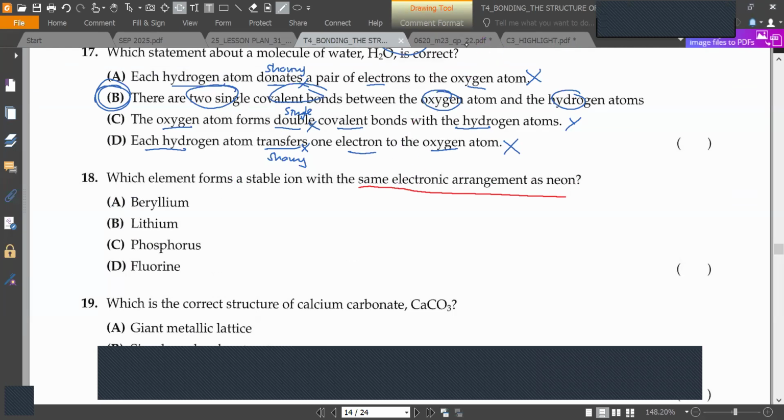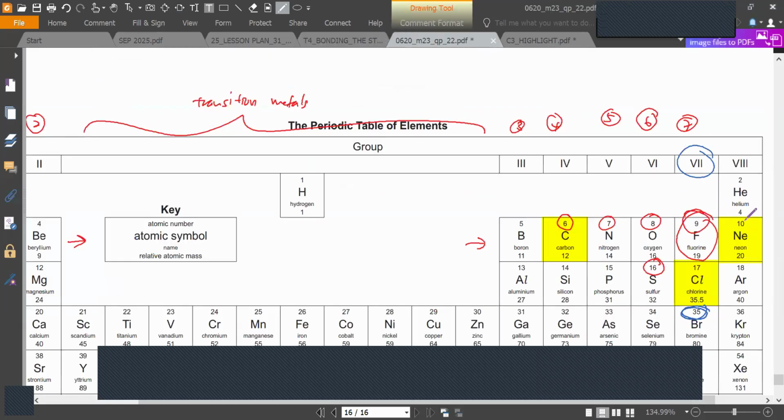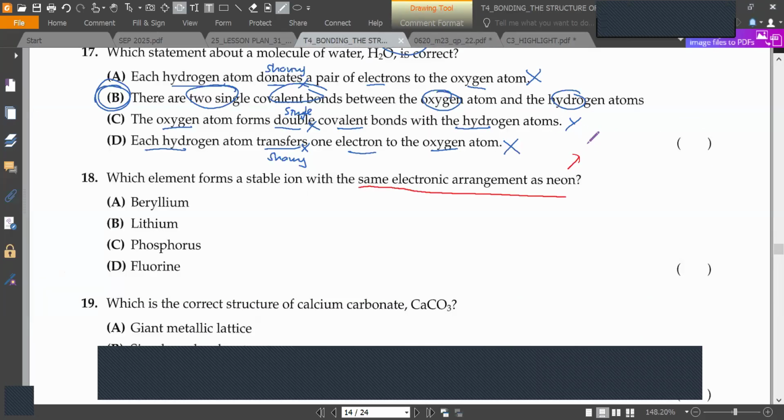Neon is here. Neon has 10 protons, 10 electrons, and electron configuration 2, 8. So neon will be like this, 2, 8.